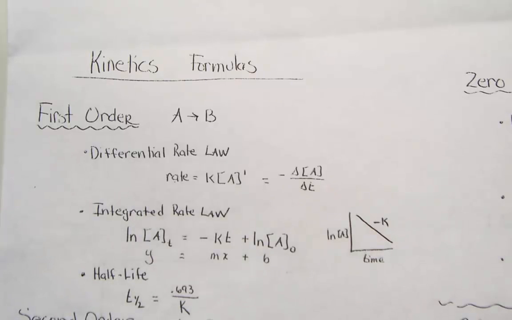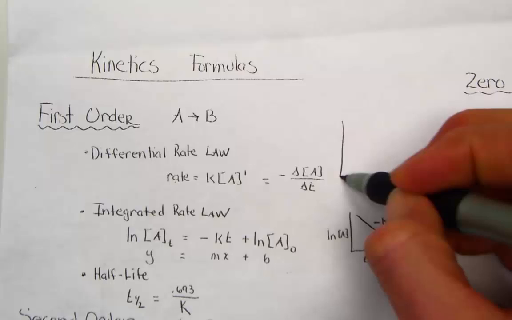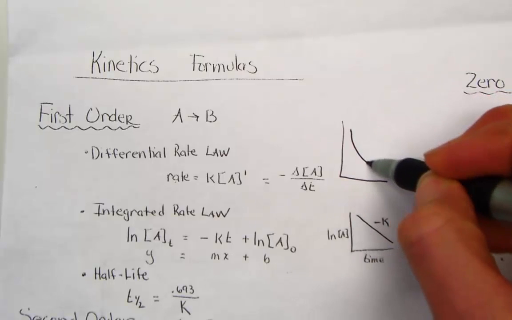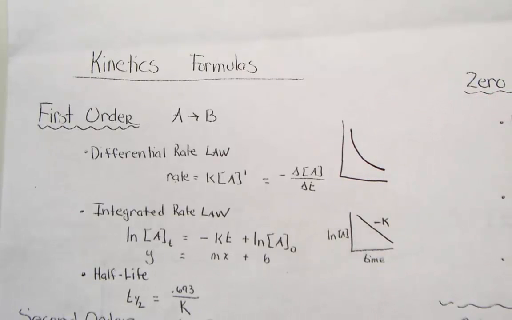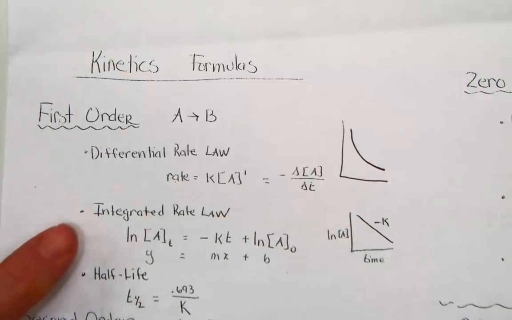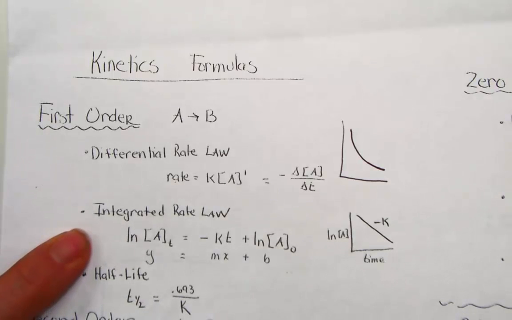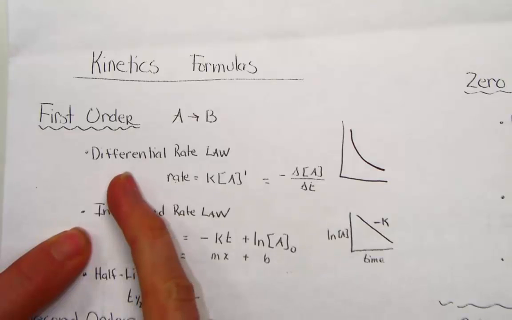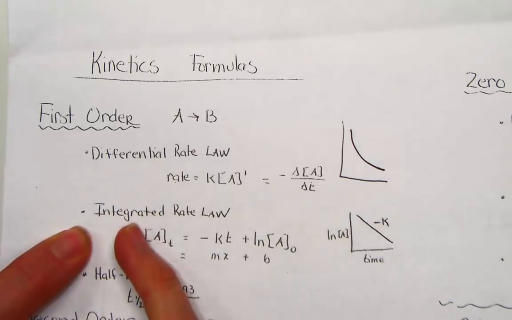Recall that as time goes by, the concentration of A, our reactant, is disappearing. In the new lesson presented today, we are going to take the differential rate law and turn it into what's known as an integrated rate law.